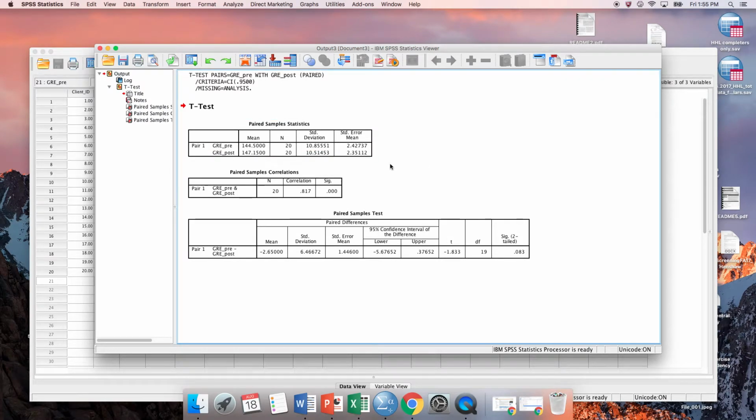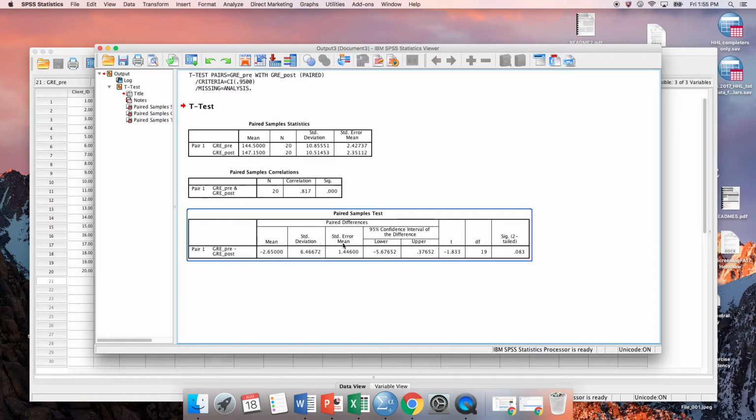Okay. So this is just a quick reminder that we had 20 participants or 20 clients, and on average their score at the beginning, before they took the class, was 144 on the GRE. And afterwards their score was 147 on average. So we see that they went up, but we don't know if that's a significant difference from the previous or whether that's something that we might expect just by chance.